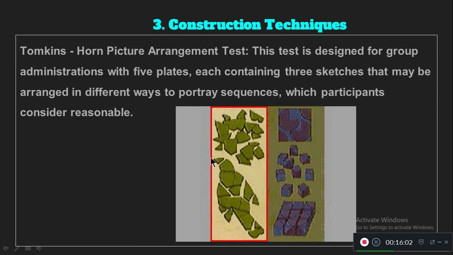So the various plates which contain different sketches are given, so the participants need to arrange these pictures in a way that gives a good meaning. For example, they have arranged all these pictures like a bird. So this gives meaning. The participants give a reasonable meaning to the picture. So this type of technique is called the Tomkins-Horn Picture Arrangement Test.